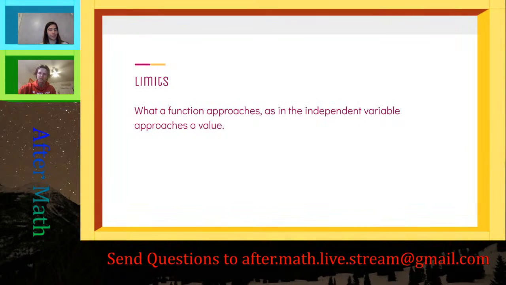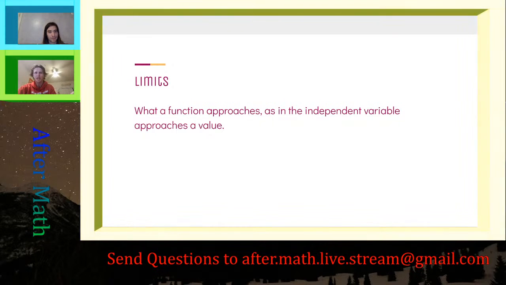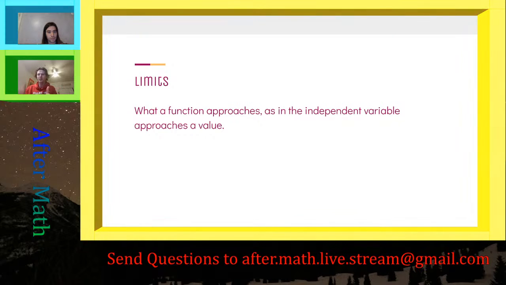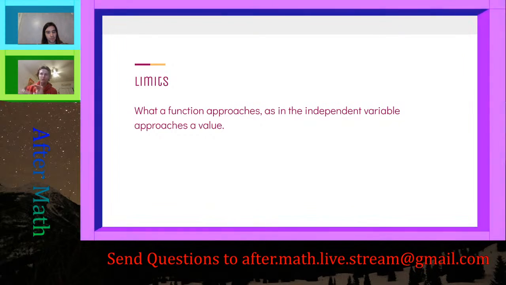So in that situation, we would say the limit of this function as x approaches infinity, because we would go on forever in this situation. And we're saying as we go on and on and on, our function gets closer and closer to the value 0, right?